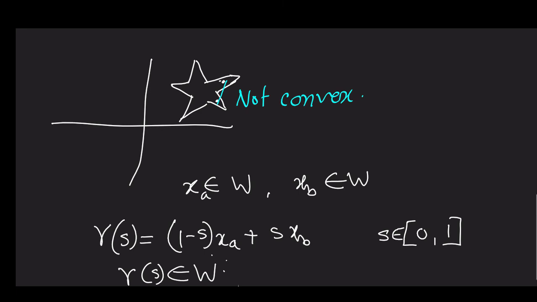Then that line connecting these two n-dimensional points will also belong to W, which contains the two original terminal points, right? So that one is very important.